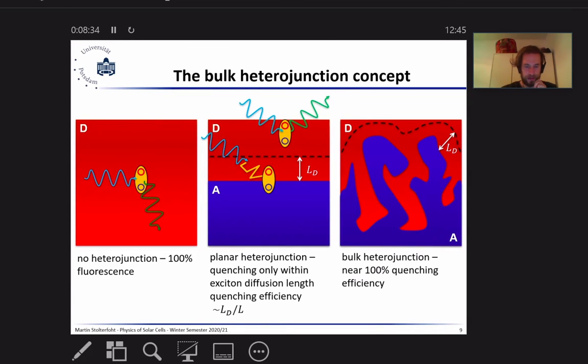So this brings me then to the bulk heterojunction concept. Remember here, this is a neat material. Most of the charges recombine, the excitons recombine.